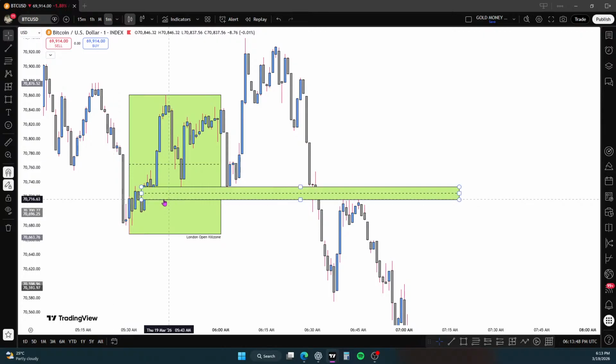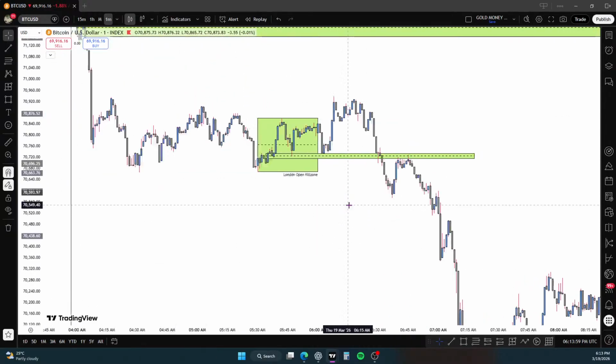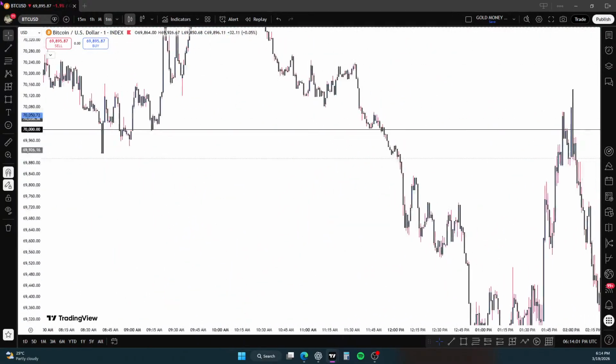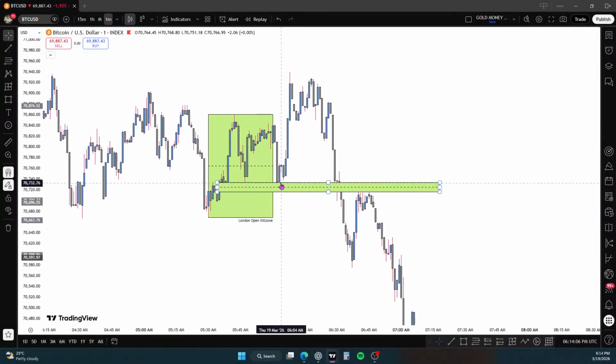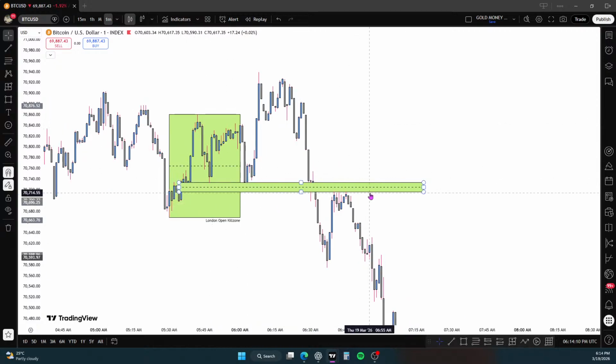In this case, this is being treated as an inversion fair value gap. Price is bullish, and then it comes below it, and then it goes back to it, and then it trades lower. So this is the most perfect, beautiful inversion fair value gap. This gap would normally be orange, but because it's part of this box, we'll just keep it green.